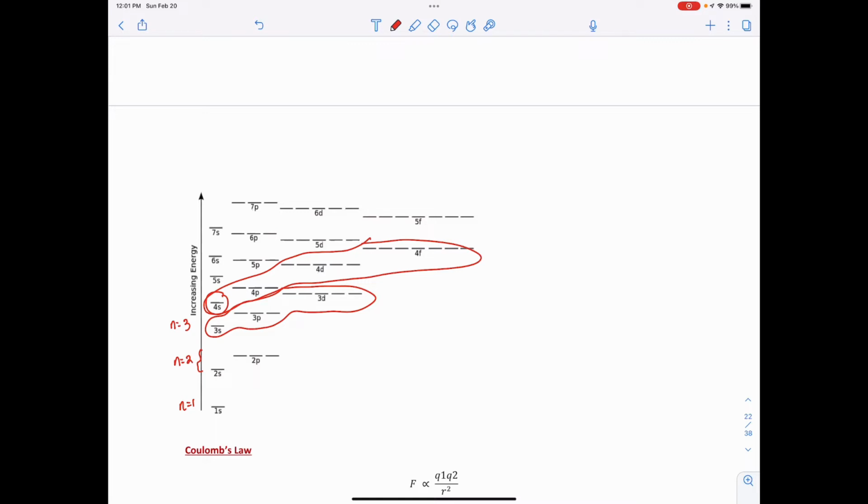Same thing with your 5s, which is stacked in the middle of your energy level 4. So in reality, there's a lot of overlapping of these orbitals and energy levels, but the procedure to identify each element is going to be the same.